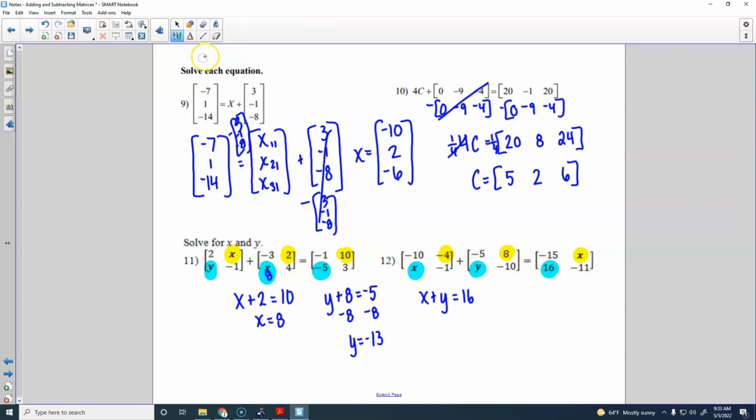So I know that -4 plus 8 has to equal x. So that tells me x is 4. Then I can use that to answer this over here. 4 plus y equals 16, so y equals 12 for that.